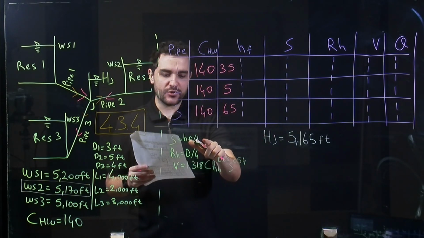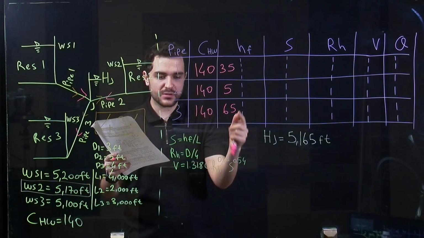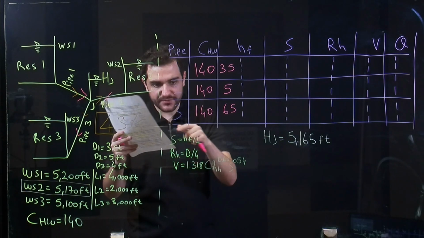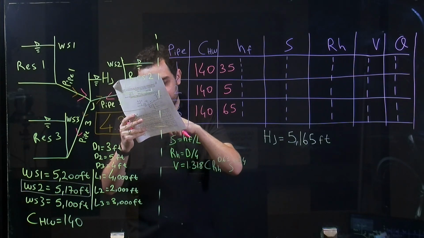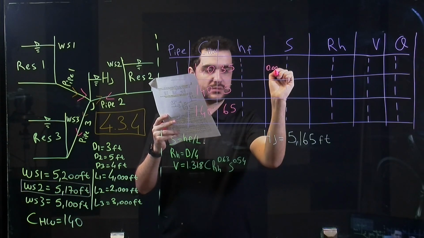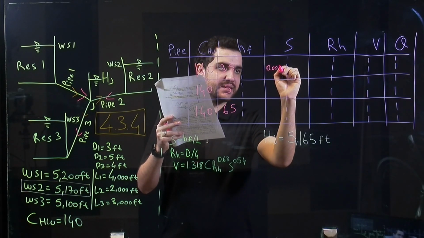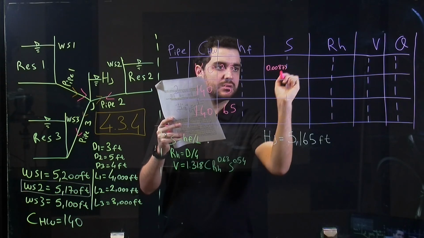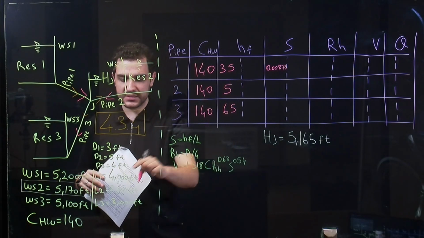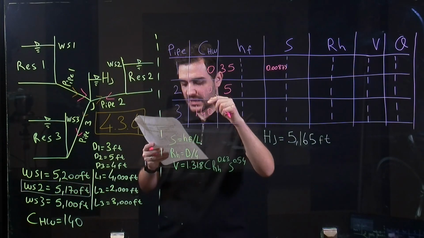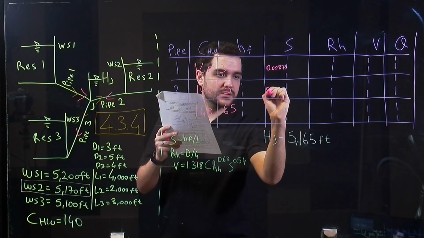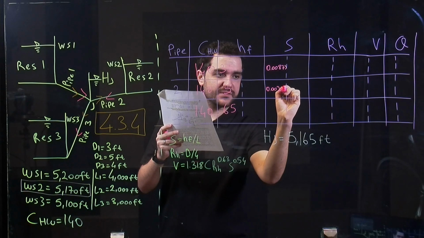And as I gave the equation here, we can find the slope based on the head loss over length. So for these values, we will get 0.00875. So basically it is 35 over 4,000 feet for this first pipe, and for the second pipe it will be 0.0025.